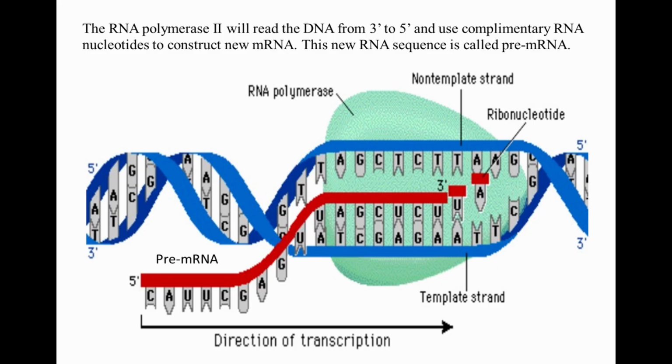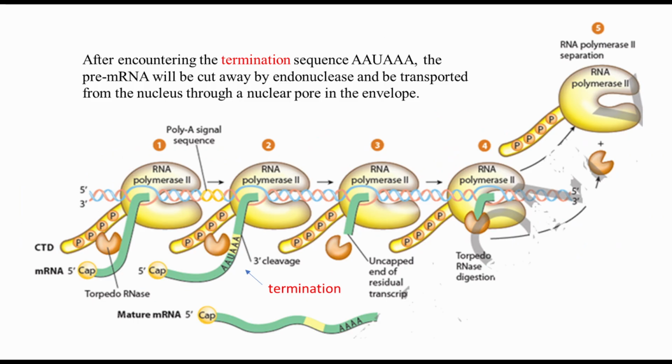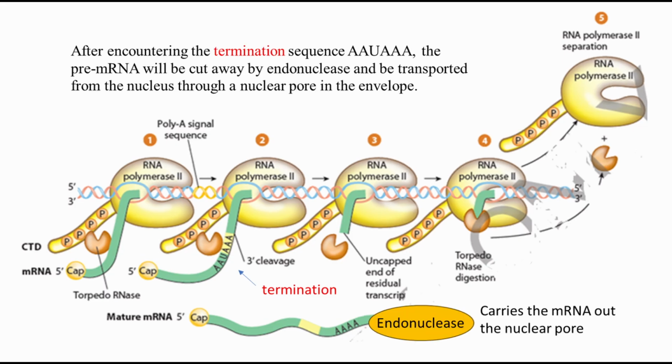This new RNA sequence is called pre-mRNA. The pre-mRNA must be modified and cleaned up before becoming the mRNA that can be used to make protein. I will discuss the pre-mRNA cleanup process in due time. After encountering the termination sequence AAUAAA, the pre-mRNA will be cut away by endonuclease and be transported from the nucleus through a nuclear pore in the envelope.